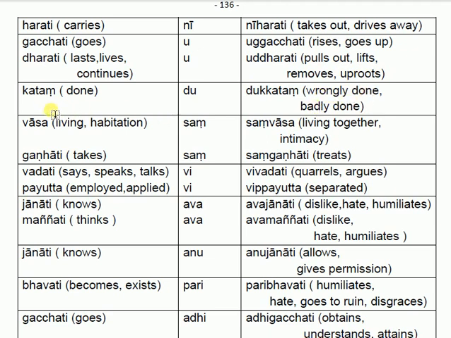Then katang means done; we add prefix du, then dukkatang means wrongly done or badly done. And here vasa means living or habitation; adding prefix sang, sangvasa means living together or intimacy.